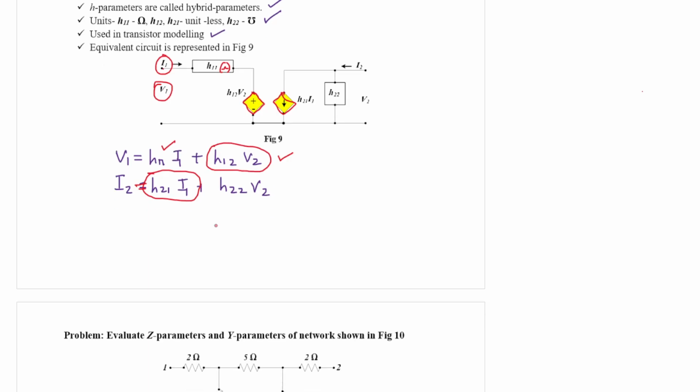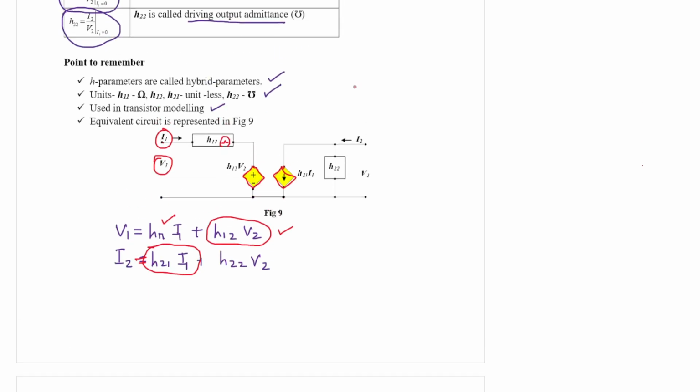Similarly, the second equation is the output port. We have a voltage V2 that is injecting some current I2, and that current gets two paths. One path is H22 V2, which is represented by this admittance, in mho, and the other is the dependent current source, H21 I1.